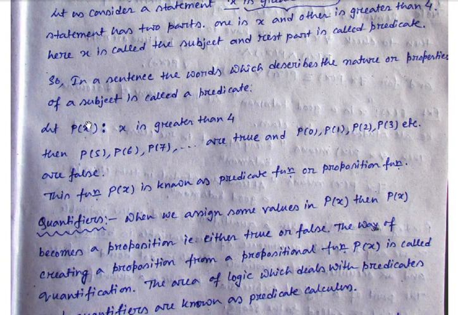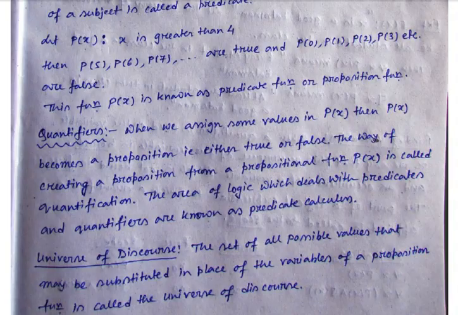Say the function of x is written as P(x), and the statement is x is greater than 4. Here we can see P(5), P(6), P(7) are all true, but P(0), P(1), P(2), P(3) etc. are all false. Such a function P(x) is known as the predicate function or the propositional function.